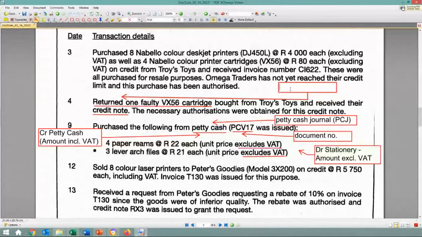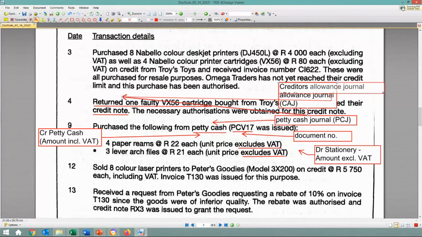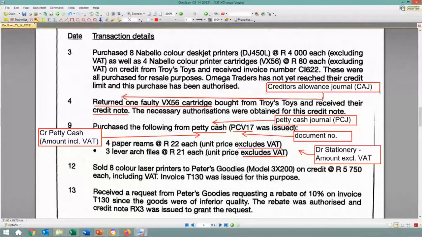If we purchased something previously on credit and now we're returning it, this will go to your creditors allowance journal, which we abbreviate as CAJ. The reason it goes to this journal is that the original transaction was captured to the creditors journal. If you were unsure, this is how you would know which one of the DAJ or the CAJ you would use.